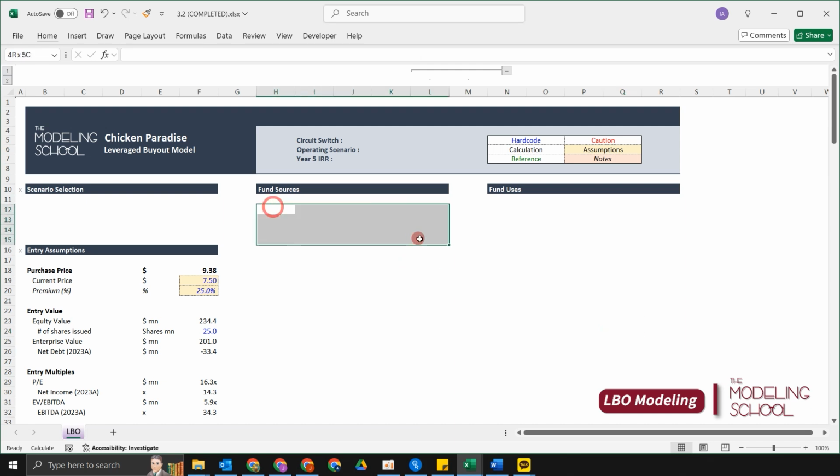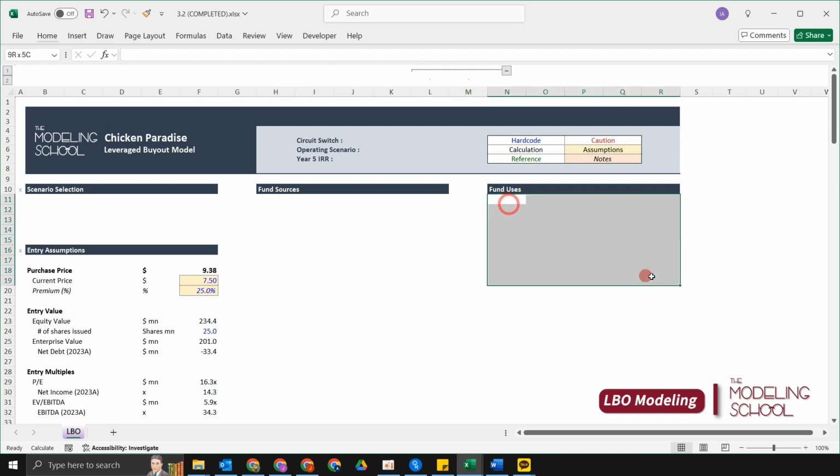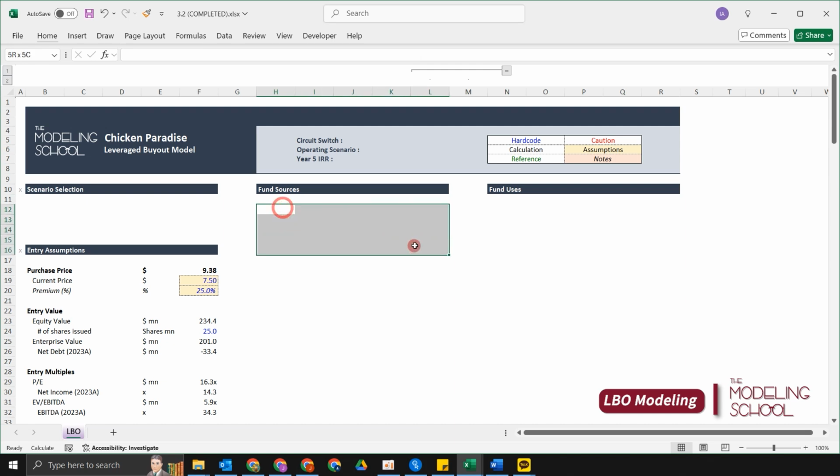And the fund sources, obviously, it's how are you going to fund these uses. So fund sources will always equal fund uses, and fund sources would be items like excess cash, private equity, equity contribution, and all of the fund sources that we have learned, such as revolvers, term loans, sub notes, convertible bonds, and etc.